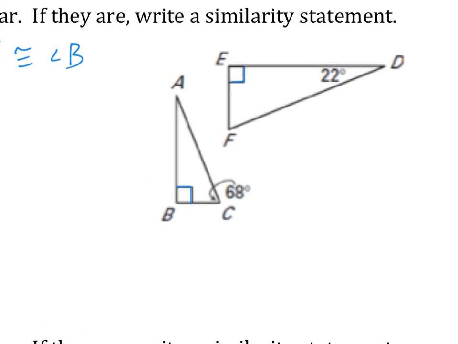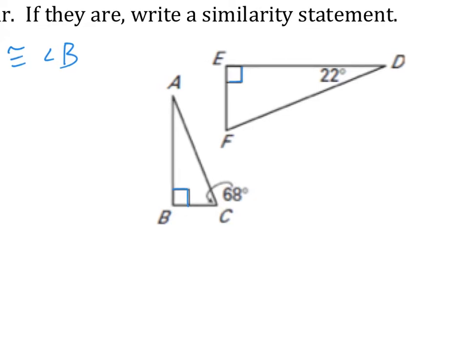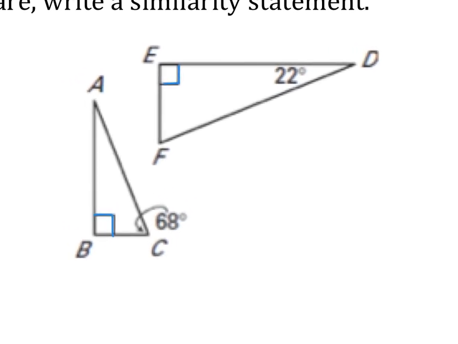Right, and now we're missing a couple angles. So if you look at this bigger triangle, we have a 90-degree angle and a 22-degree angle. So if we think back with triangles, the three angles of a triangle will always add up to 180. So we would know that angle F plus 90 degrees plus 22 degrees will equal 180 degrees.